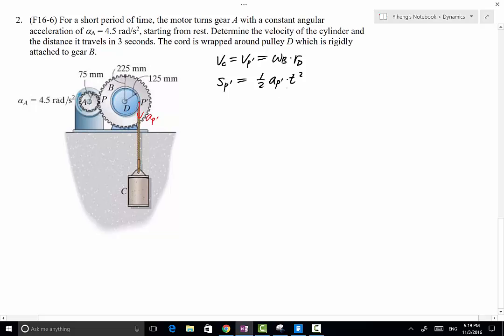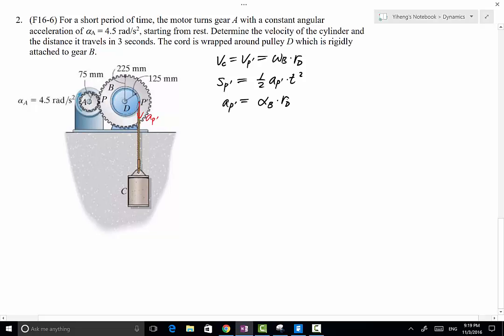So how do we find AP prime then? AP prime, being the tangential acceleration of point P prime, equals alpha B, which is the angular acceleration of the gear B, times Rd.